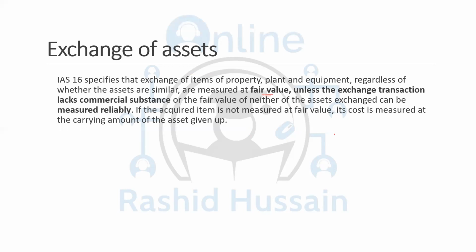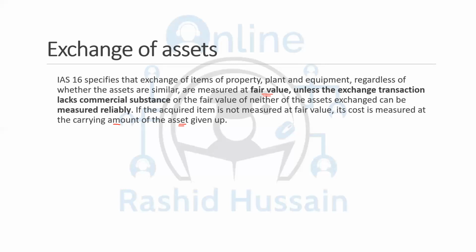If that is the case, then you are going to take the carrying amount of the asset which you are giving in exchange. Let's assume I'm getting a machinery in exchange and I can measure the fair value of it. So whatever the fair value of that machinery is, I'm going to capitalize the machinery which I'm getting at the fair value. But if it is not possible to determine the fair value of it, then at what amount am I going to record that machinery?